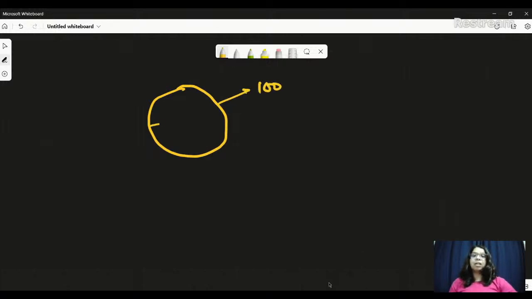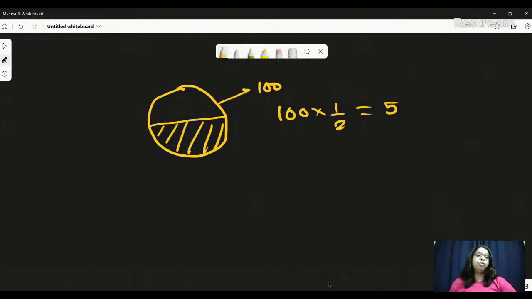Let me share my screen and then I will explain it to you in detail. Let's say this entire circle is considered to be 100. If I am shading only half of it, it will be 100 into half, which is equal to 50.